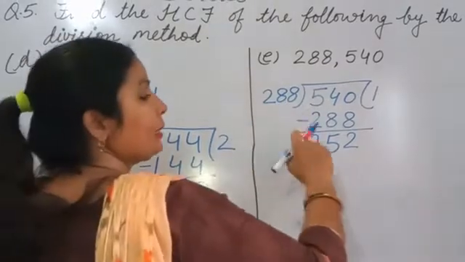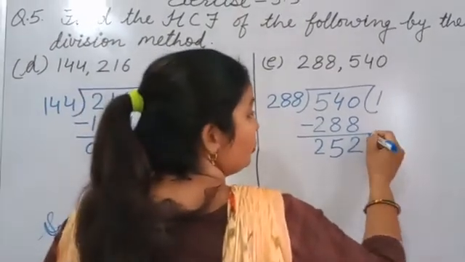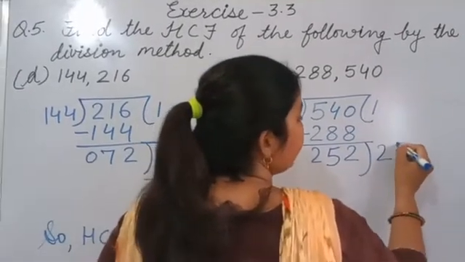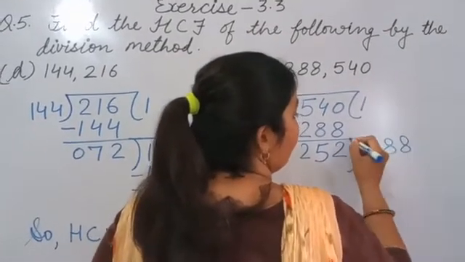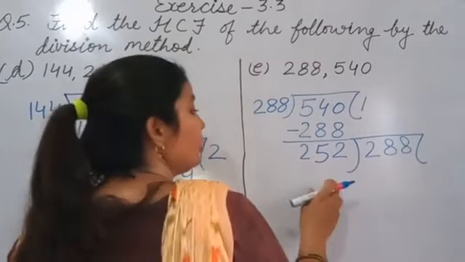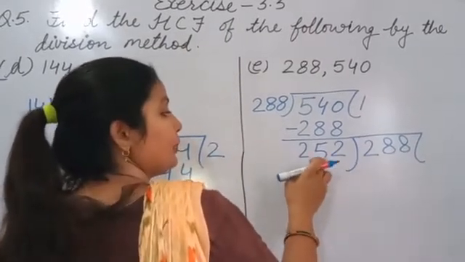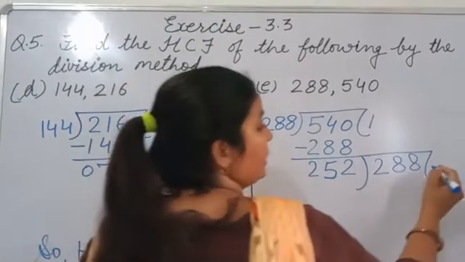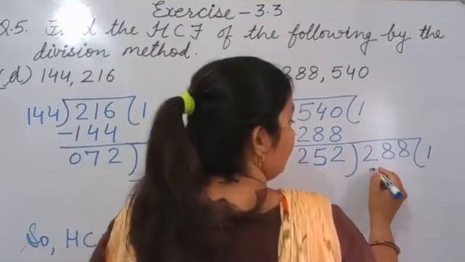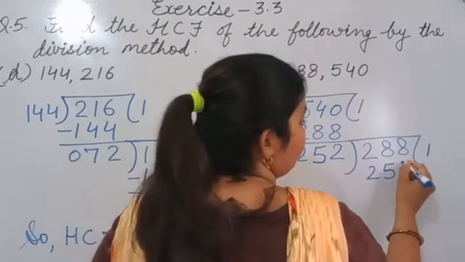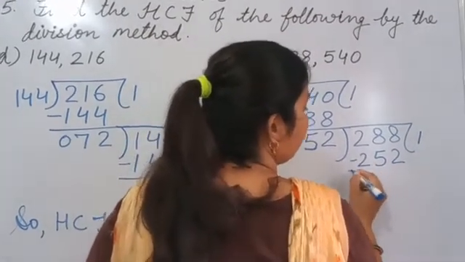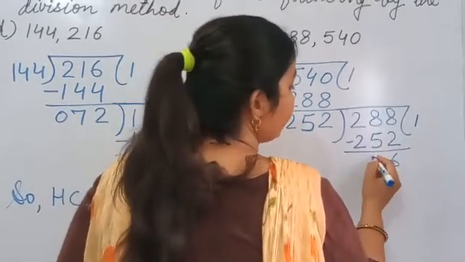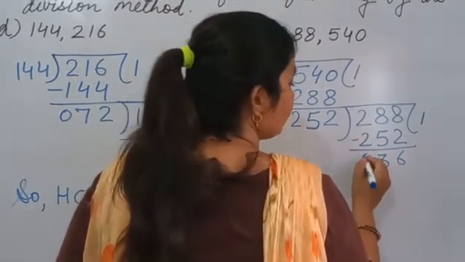This divisor will become the dividend, 288. Now 288 divided by 252. We will take the table on the one number, this will come on the one number, 252. Now we do minus. 8 minus 2 is 6, 8 minus 5 is 3, 2 minus 2 is 0.